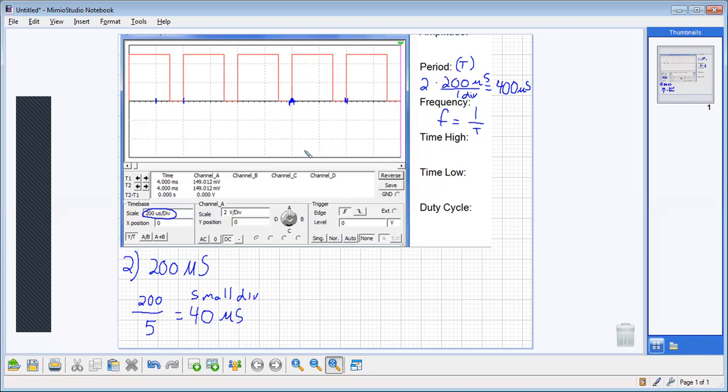We can see that without even calculating it. But I do want you to show your work for your calculation. Remember, duty cycle is T sub H, that's time high, divided by the length of the signal, or the period.